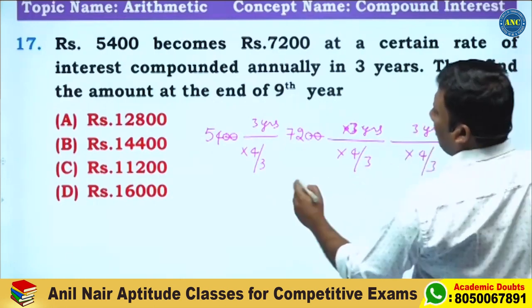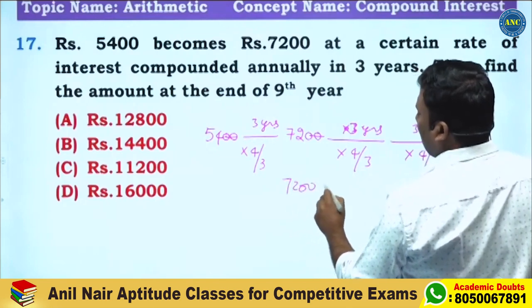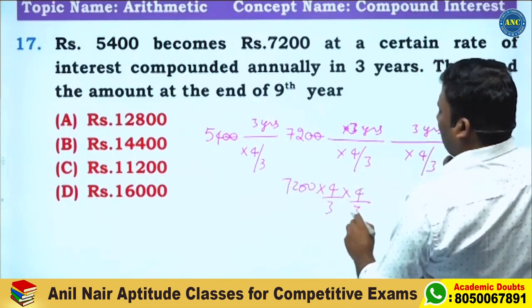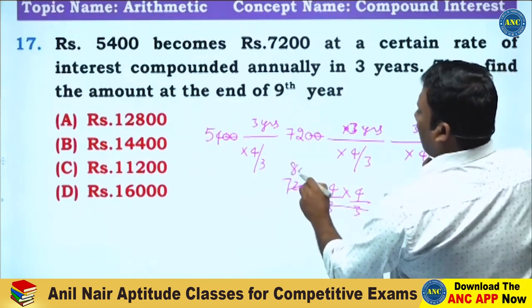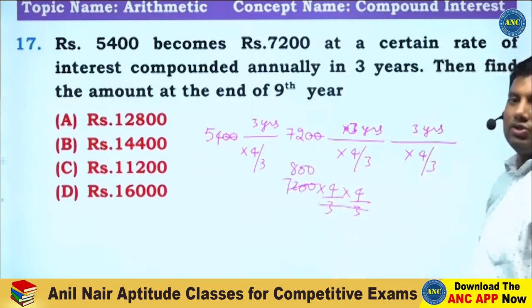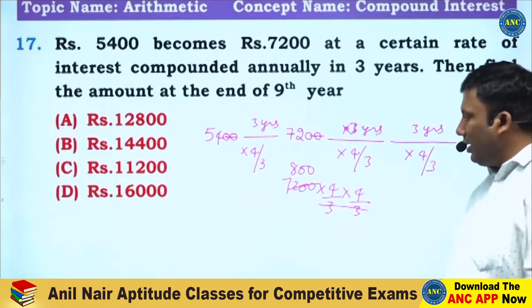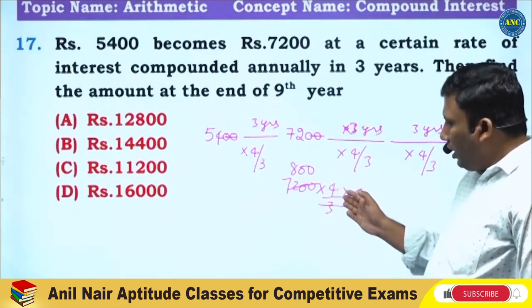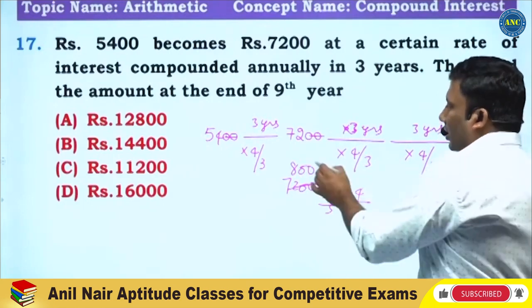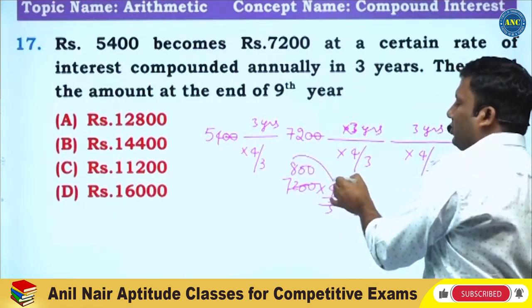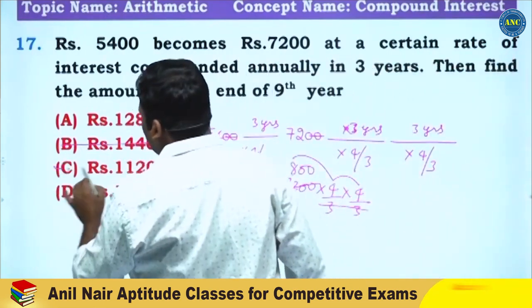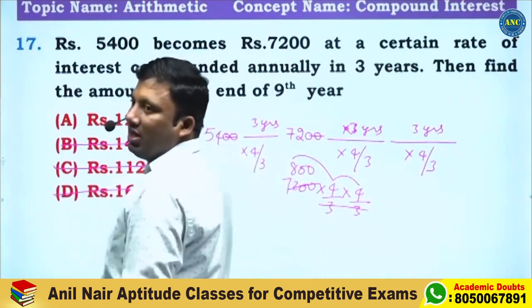So the answer will be 7,200 into 4 by 3 and into 4 by 3. 9 800s are 7,200. I hope it is clear. Again rightmost non-zero digit. 8 into 4: 8 4s are 32, 2 4s are 8. Rightmost non-zero digit should be 8.